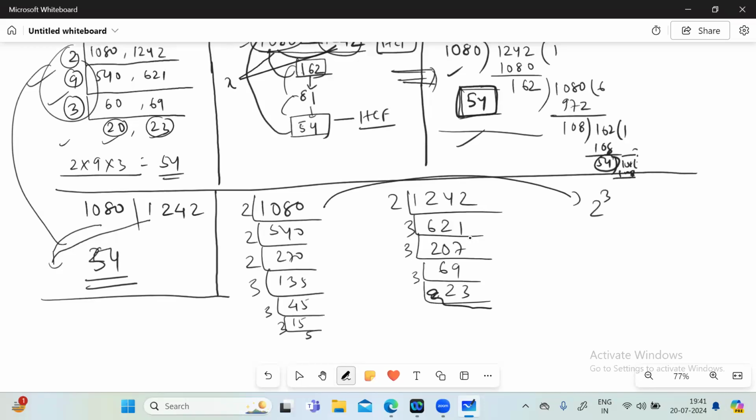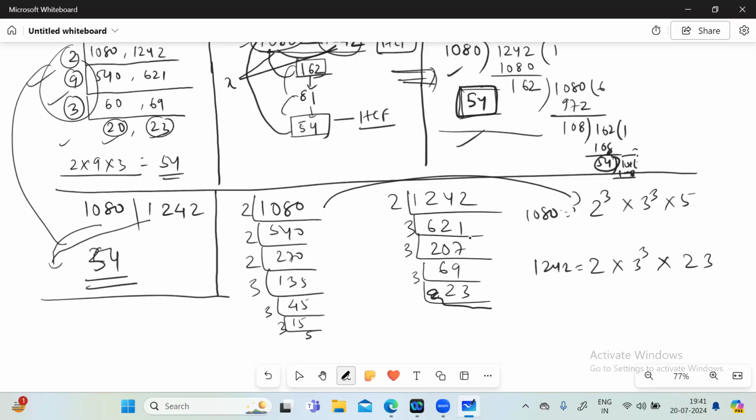So the two numbers can be written as 2 to the power 3 into 3 to the power 3 into 5. And here we have 2 into 3 to the power 3 into 23. So this was 1080, this was 1242.